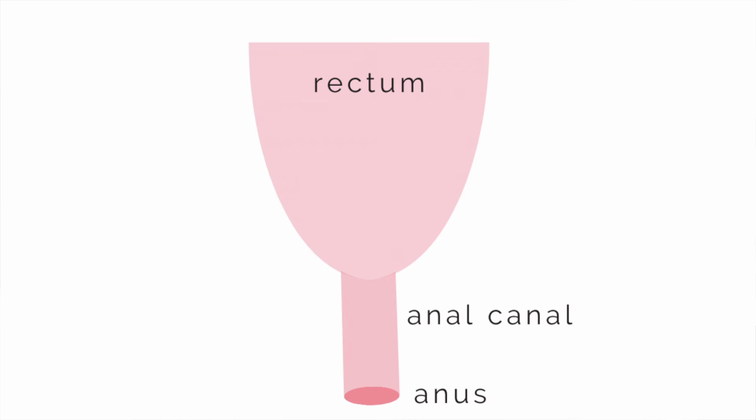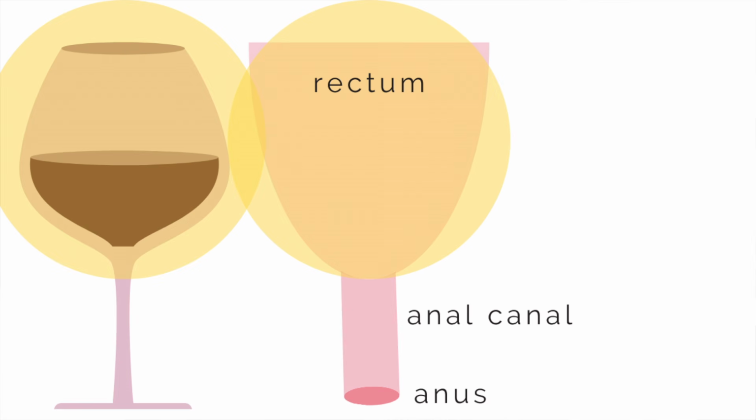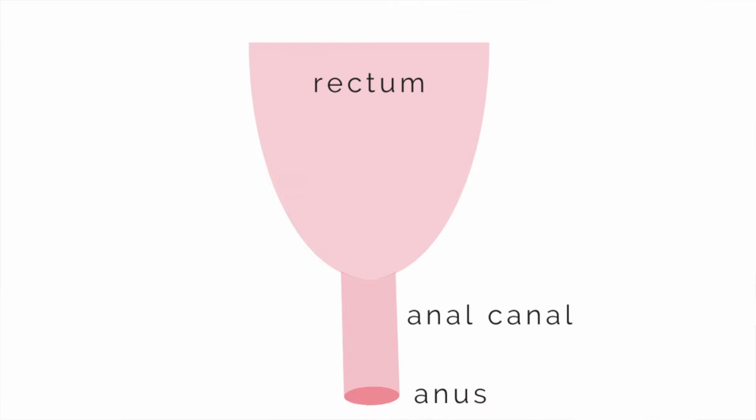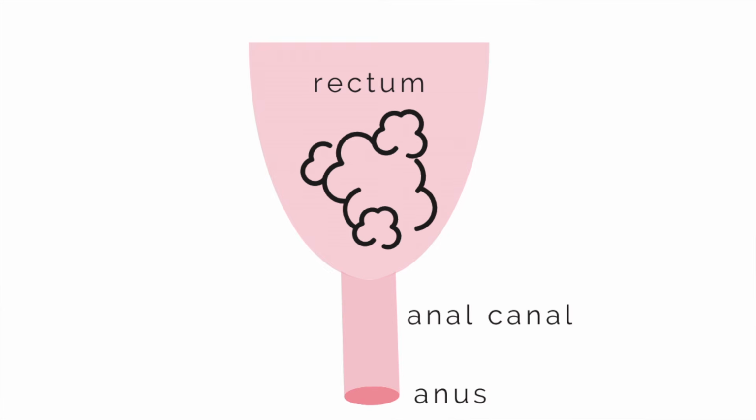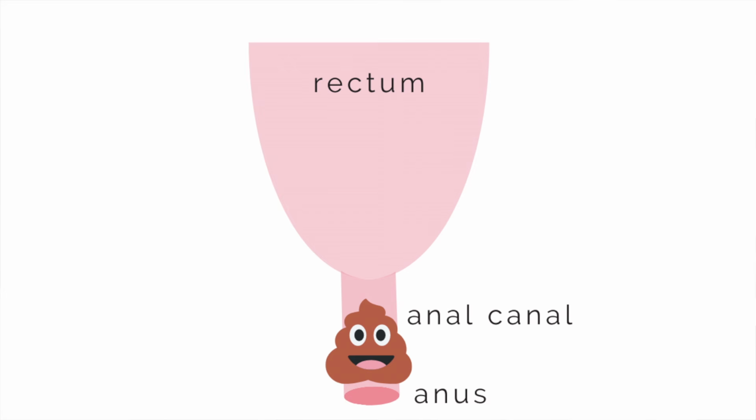For simplicity's sake, I want you to imagine that your rectum and anal canal look like a wine glass, where the rectum is where you'd pour the wine, and it's sitting on top of the anal canal, which is the wine stem. The rectum is where you store gas and poop before it's time to pass gas or have a bowel movement, in which case the gas or poop will move from the rectum through the anal canal, out of the anus, and into the world.